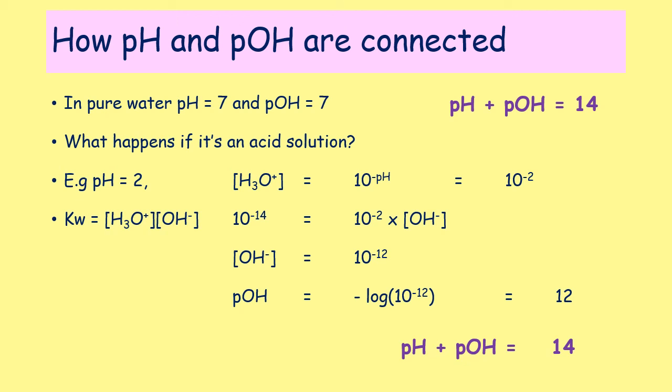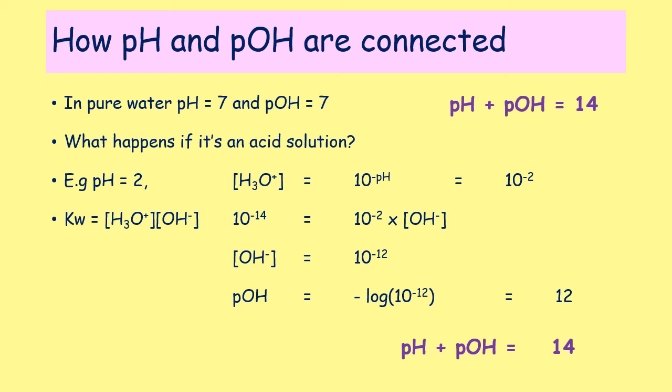So that is our constant relationship. pH plus pOH equals 14. And that relationship is given to you in your data booklet. But now you can prove it through equations.